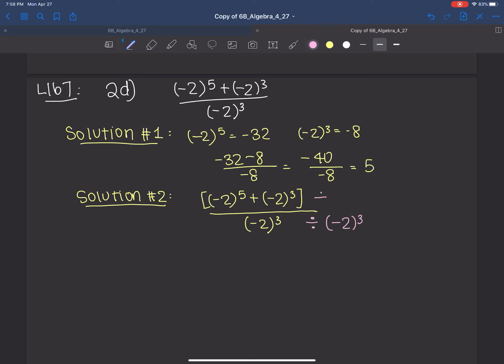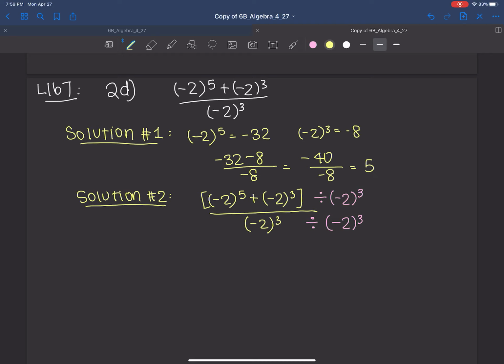And this is legal as long as we do the same thing to the numerator. If we multiply or divide the numerator and denominator by the same number, it's equivalent to multiplying or dividing the whole fraction by 1. Might be good food for thought if you hadn't seen that before.